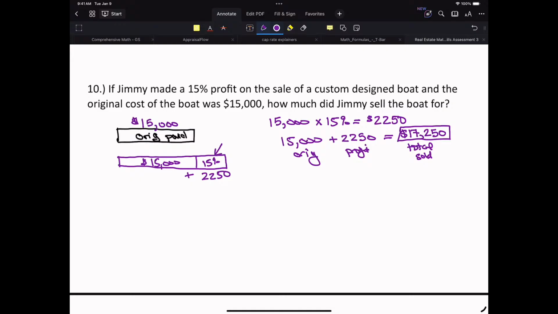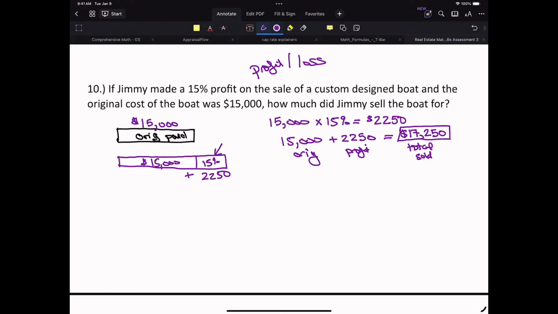But what did I want you to learn from this? A lot of you on your exams have to deal with profit and loss questions. Because, hey, you're going to be working with sellers. And sellers want to sell their house at a profit. They might say, hey, this was my investment property. I bought it for X. I'm only going to sell it if I make this amount in profit. This percentage in profit.